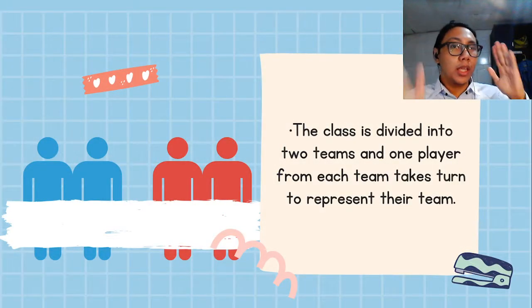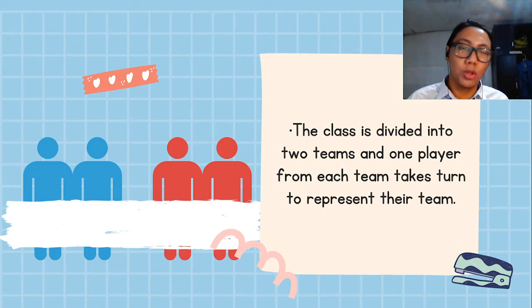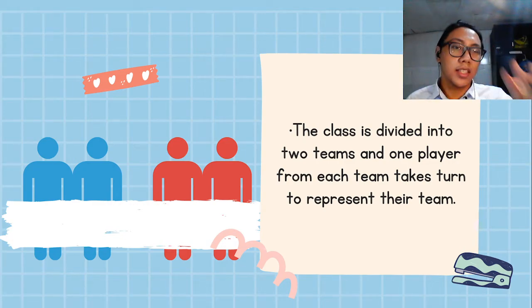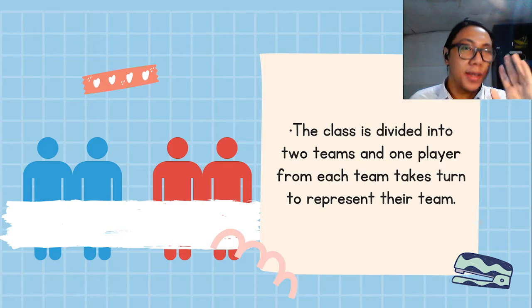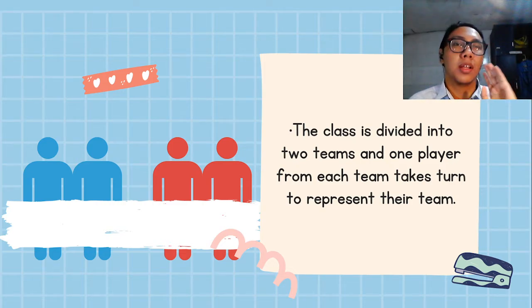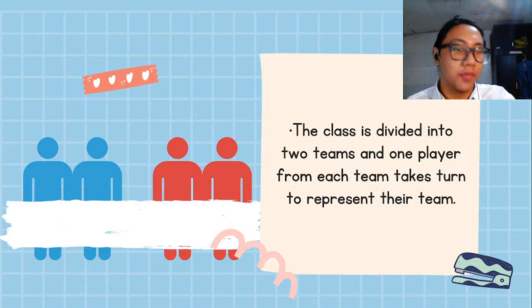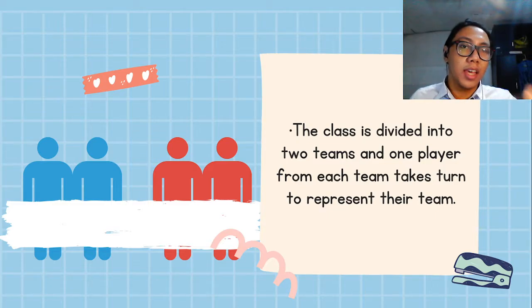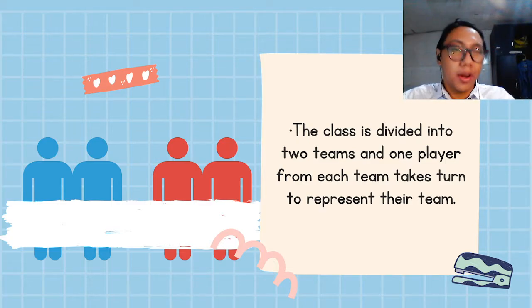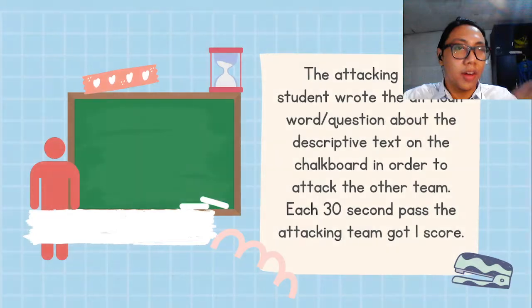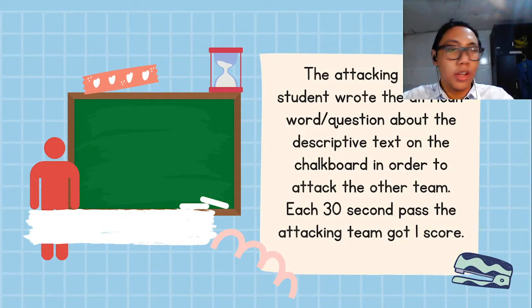After that, we divide the class into two. This is the pair part of the strategy itself. Before this was the think part for the student, and now we pair them and they will share their thoughts and answer. So here's the rule.